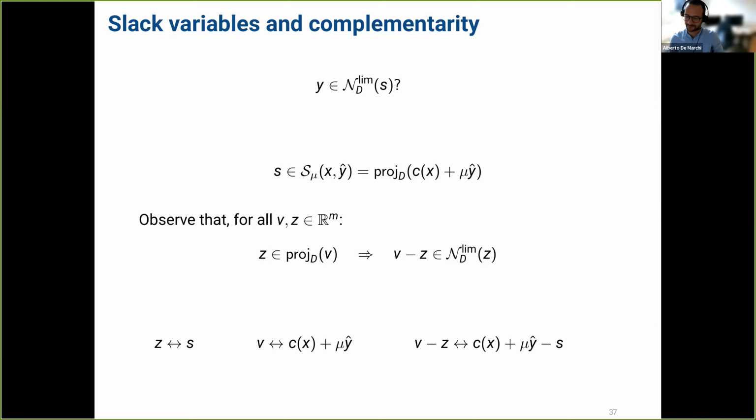So if we compare these two conditions here, and we notice also this mu parameter is positive, then since the limiting normal cone is a cone, we have that this condition above on top here is satisfied if s is indeed this projection, meaning that if we use this projection, then the complementarity condition will be satisfied by construction.